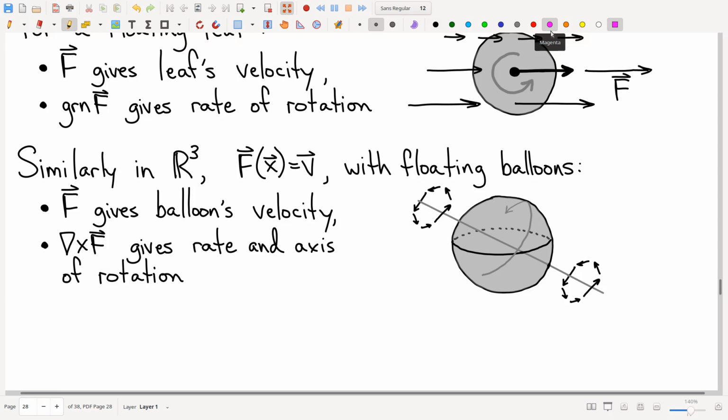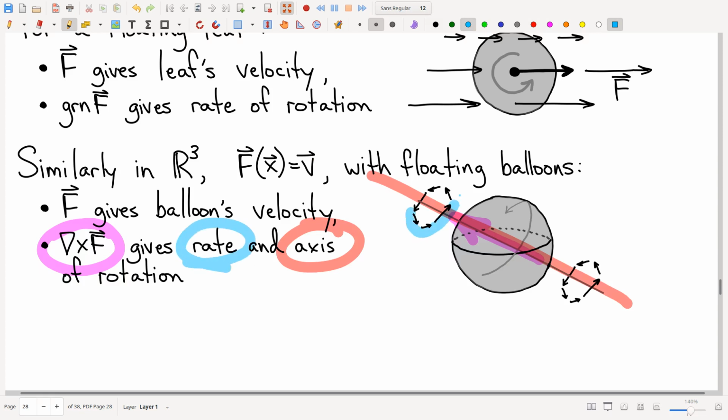And how is the air rotating? Well, the curl vector tells you that. The curl vector tells you what axis it's rotating around, and how fast, in some sense. Again, the units in particular all depend on the specifics of the question, but whether there's a lot of rotation or just a little bit.